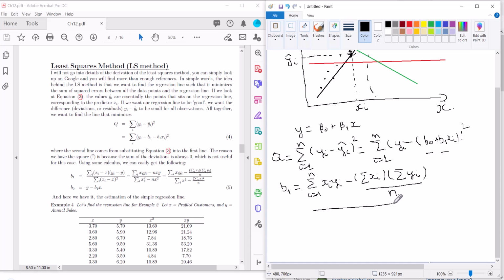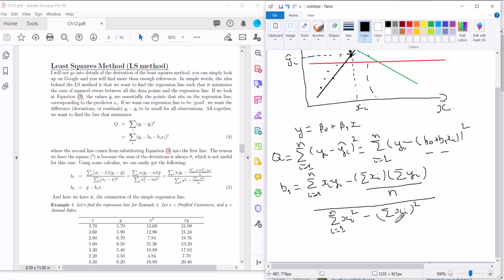For the denominator, we have the summation of xi squared, from 1 to n, minus the summation of xi, squared. So notice that there's a difference here. This is the square of each term, and you add them up. Here you add all the terms up, and you square them.